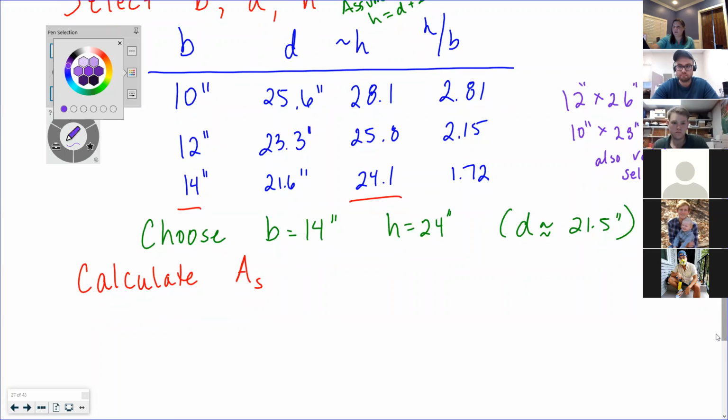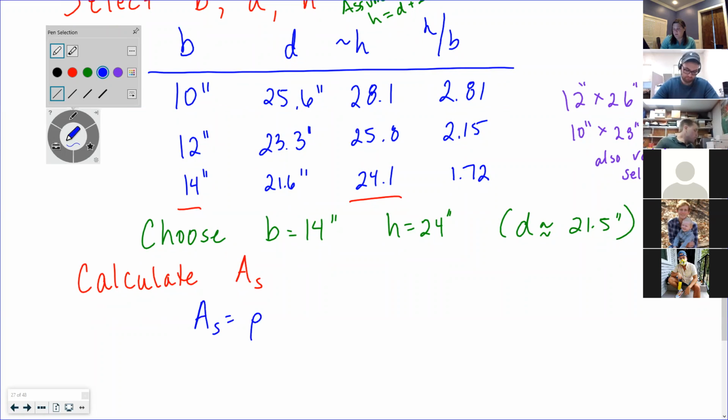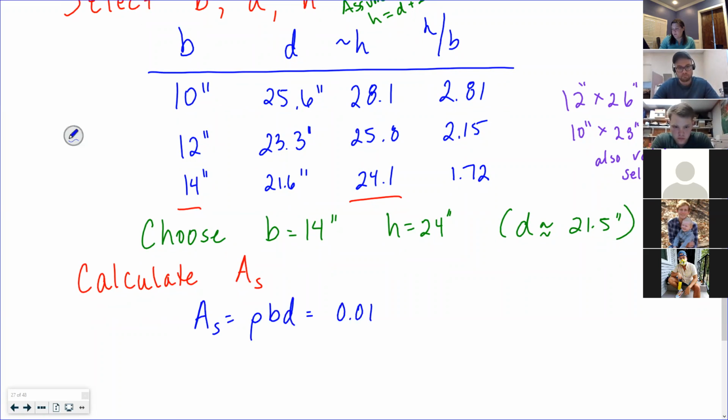Well, I'll show you what I started with. I started with an area of steel equal to that, so 0.014. That's just my estimated rho, right? 14 inches. So I started at 4.21.